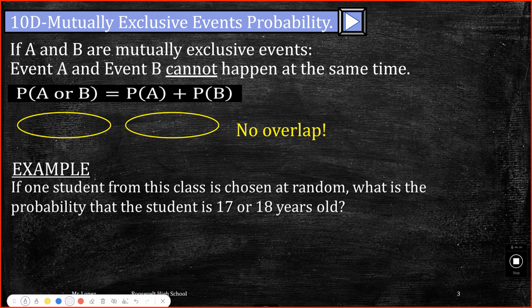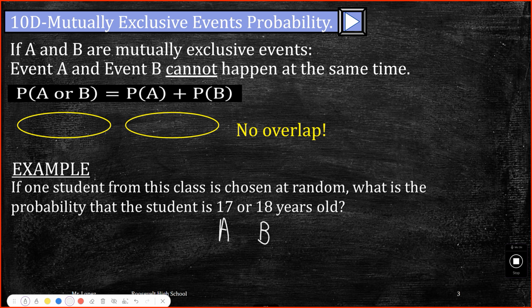If one student from this class is chosen at random, what is the probability that that student is 17 or 18 years old? So A is 17 and B is 18.